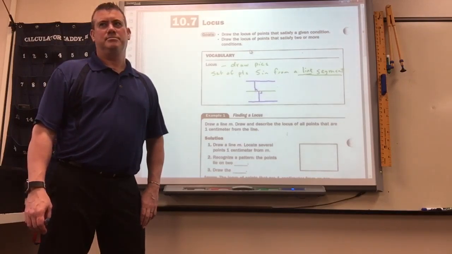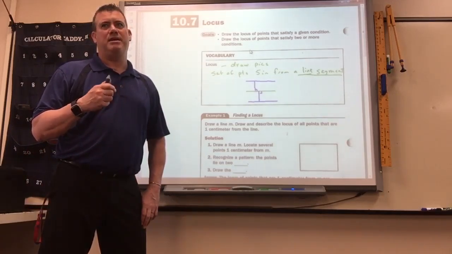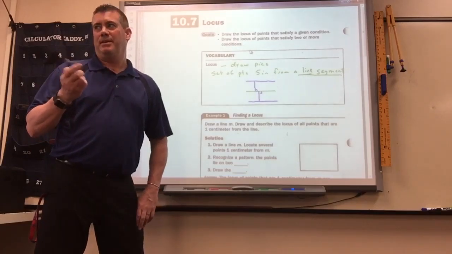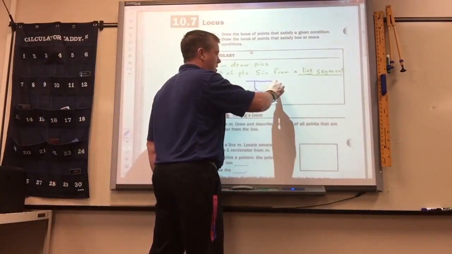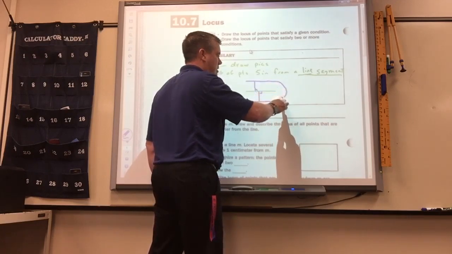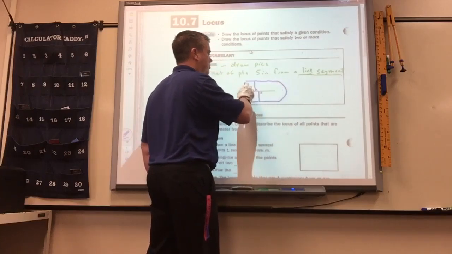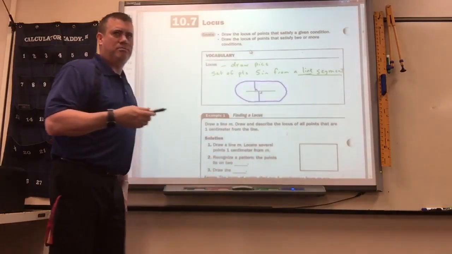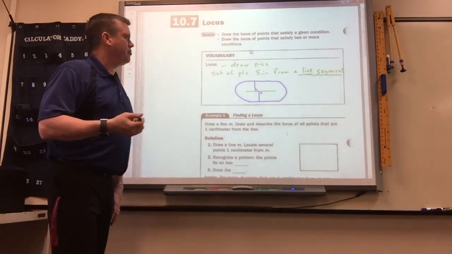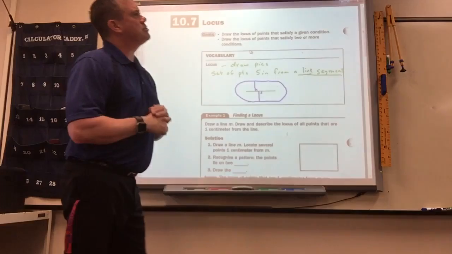I don't know. Remember, you got to stay 5 inches away from the line segment. Right, it would be a half a circle because when you get to the end of the line, it's going to start going like this, right? Because it's got to stay 5 inches away from it. So what's that actually formed? An oval. Those are the most common ones.